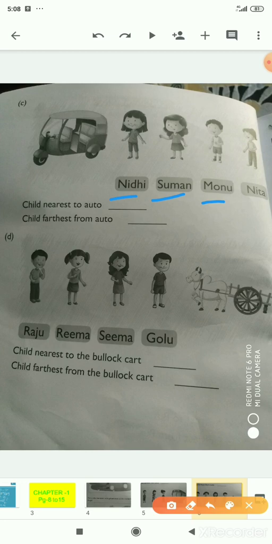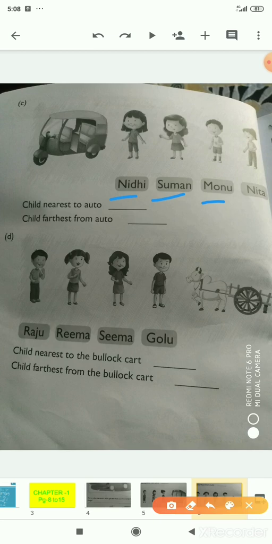Among all these 4 we have to tell the name of the child who is nearest to the auto and who is farthest from the auto. So how can we do this? Very simple. The child who is standing at first is nearest to the auto, and the child who is standing at last is farthest from the auto.